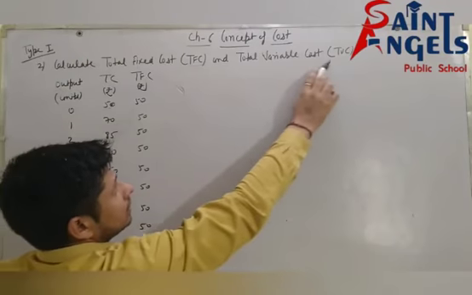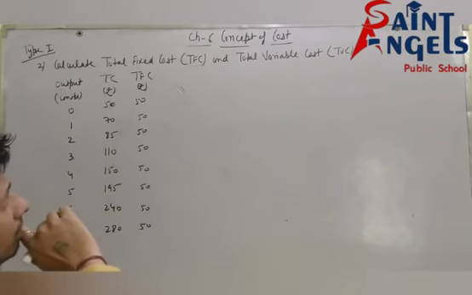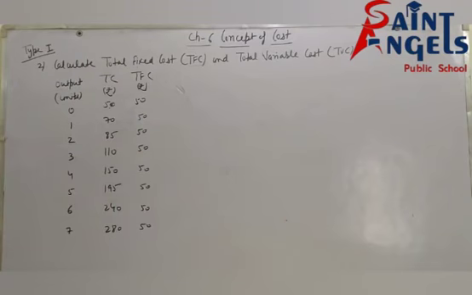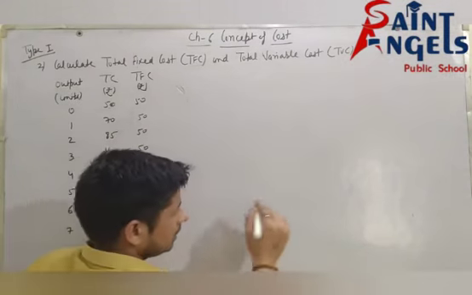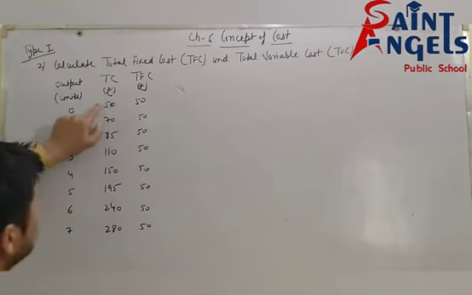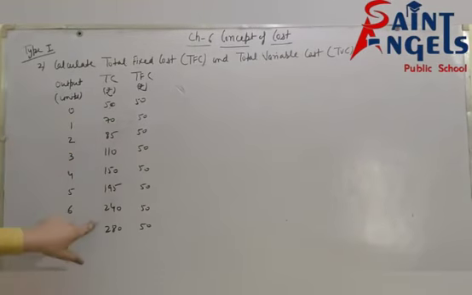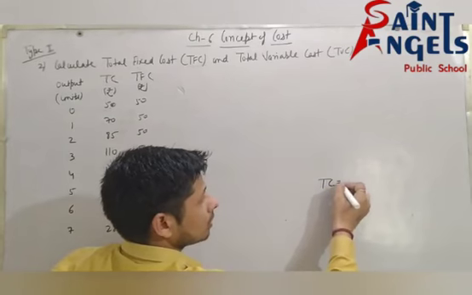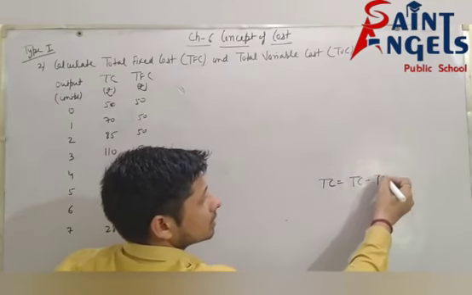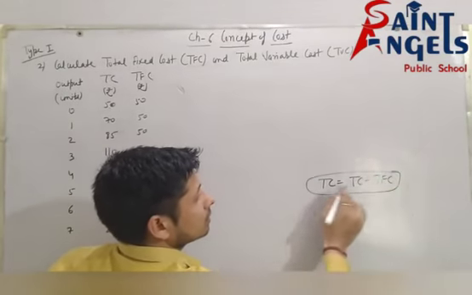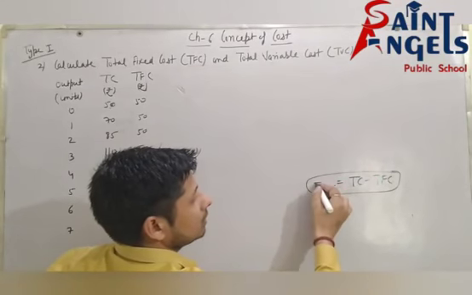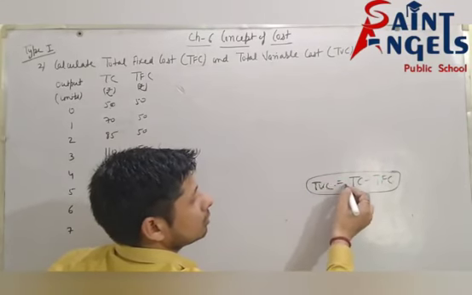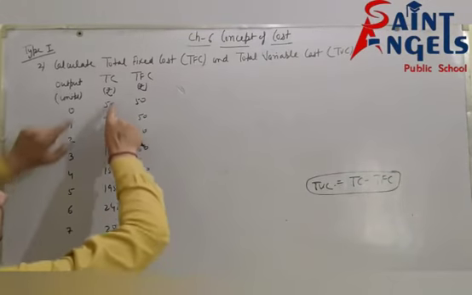Now, after this, we have to find TVC. See, TC is here and TFC is here. So I will use this formula, TVC is equal to TC minus TFC.